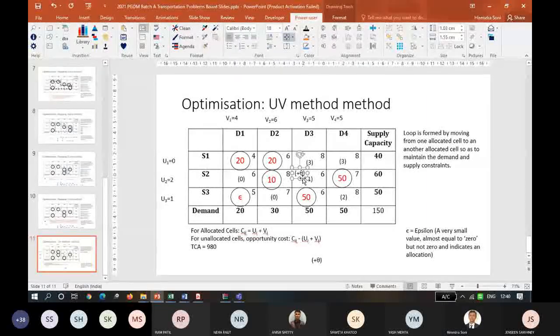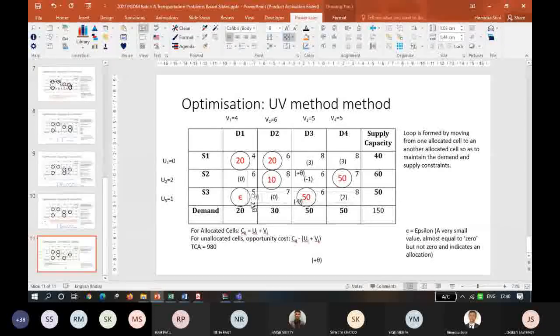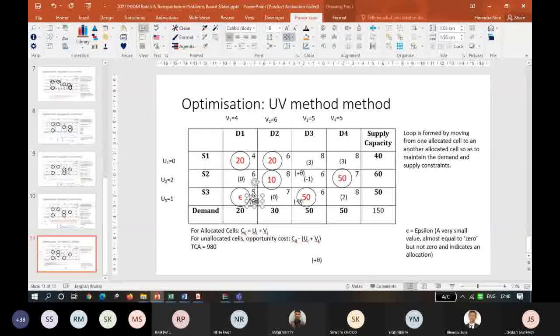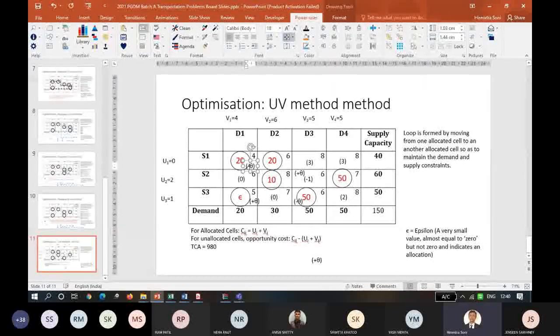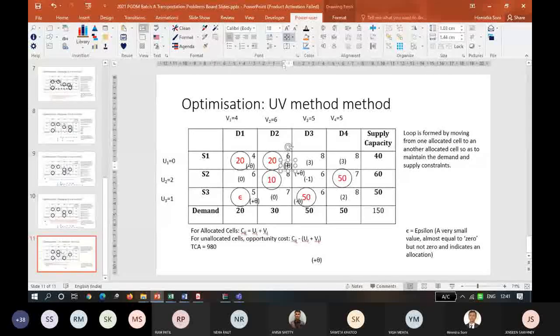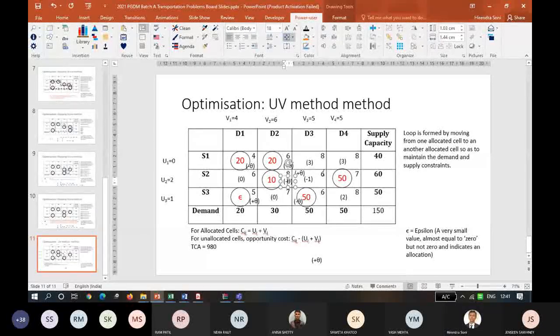So, when I minus theta, plus theta, minus theta, plus theta.